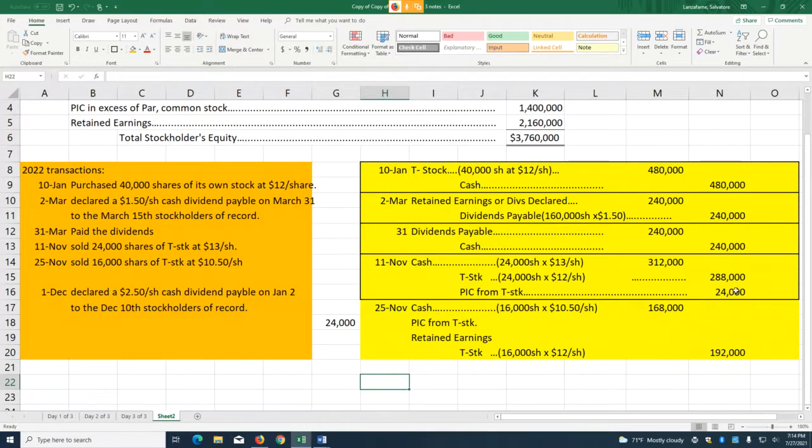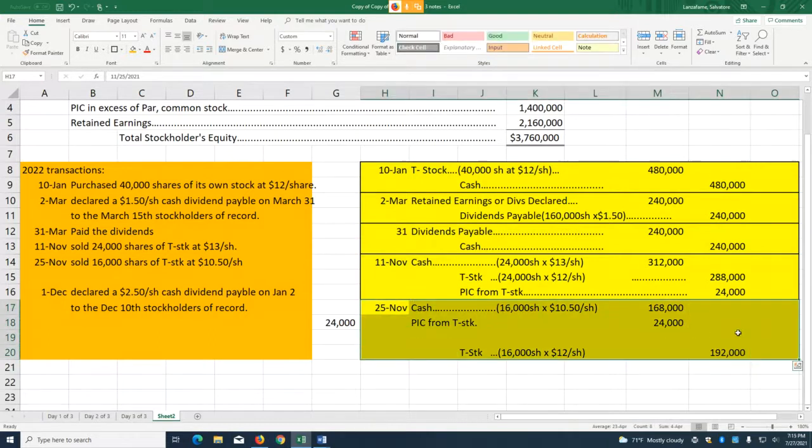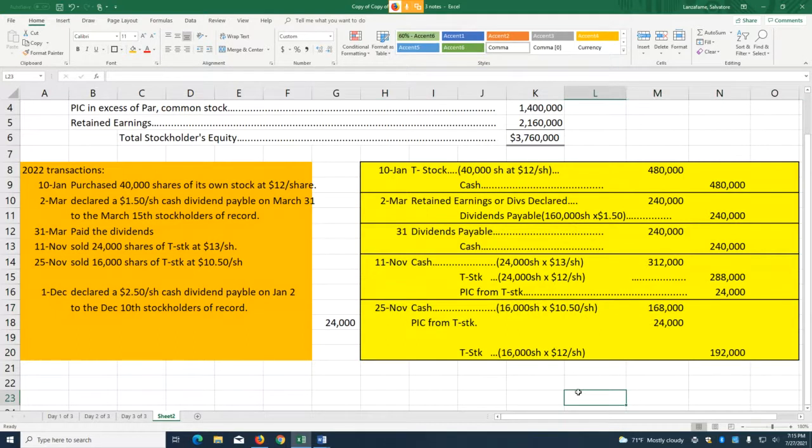How much of a cushion did I have? I actually had 24,000, so it works out perfect. So I don't need that retained earnings, so let me just remove it completely. 168 plus the 24 does equal 192. Okay.